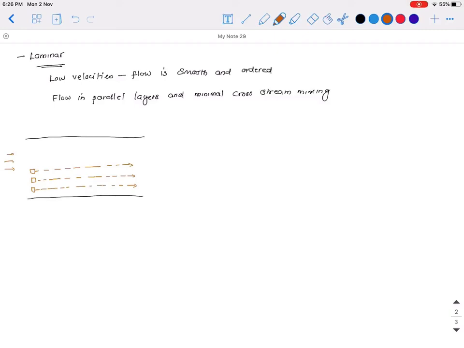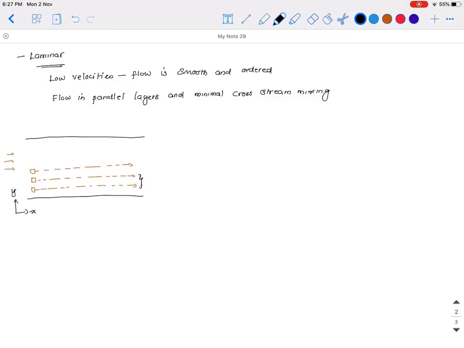You can see that particles move along a particular layer, and there is no cross stream mixing, no mixing between two adjacent layers. Let us say these two represent adjacent layers. Flow is happening along the x direction.